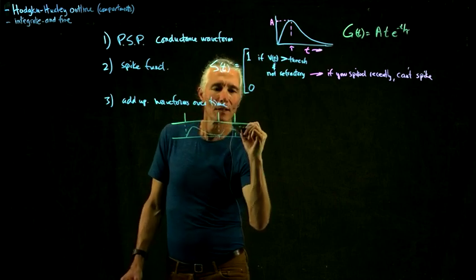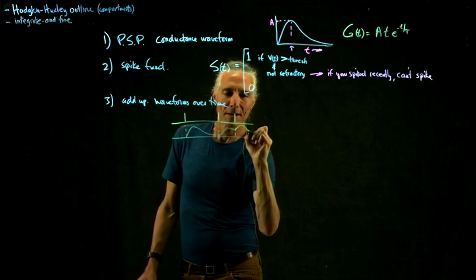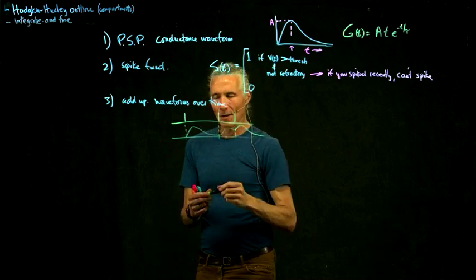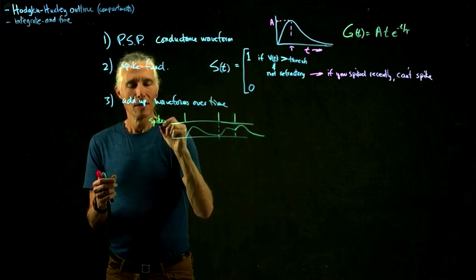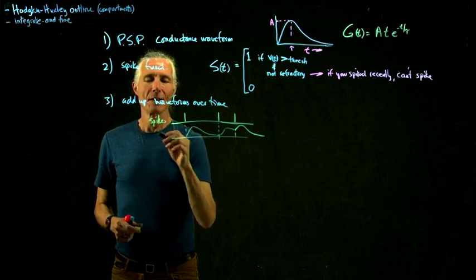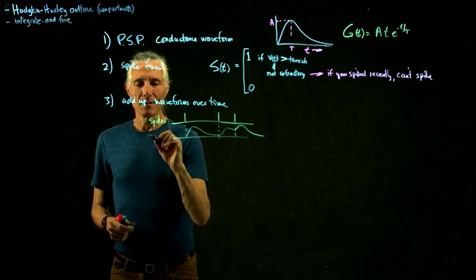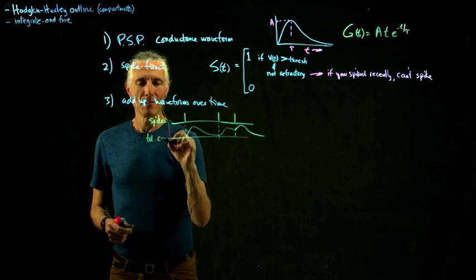And so we add another one on top of that. So these are the spikes over here. And then this is the conductance, total conductance through the channel.